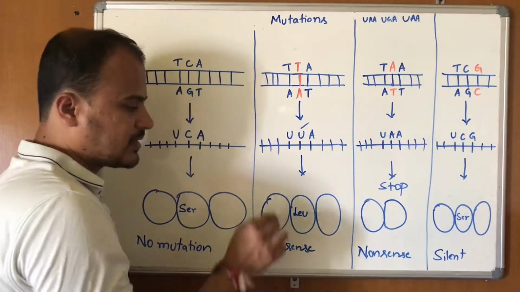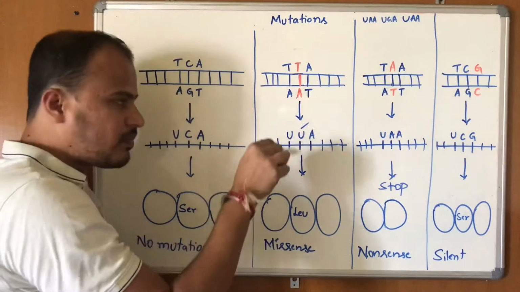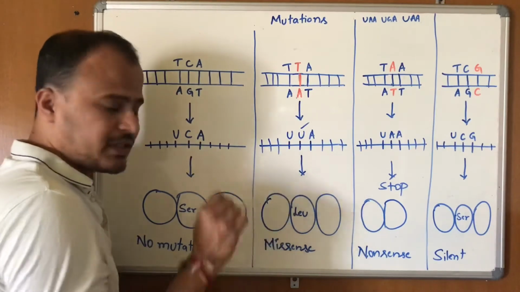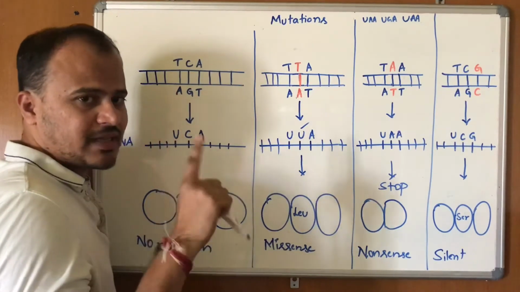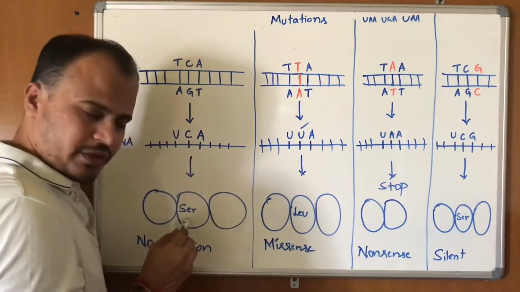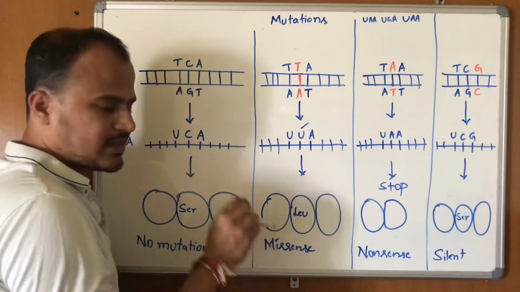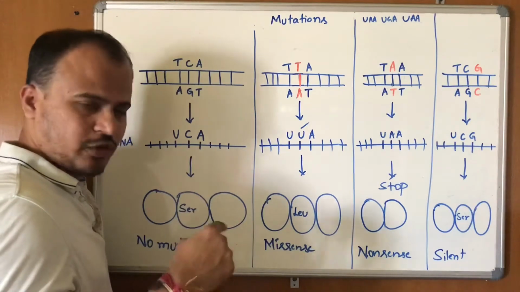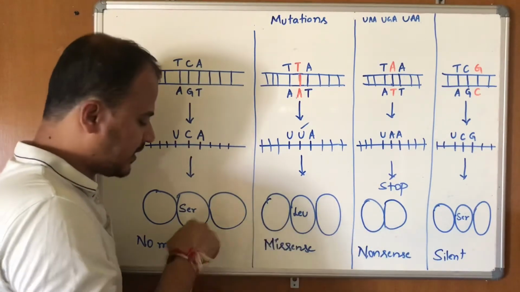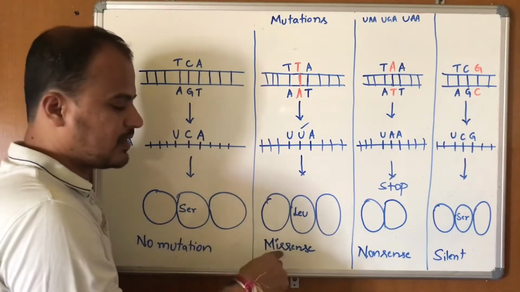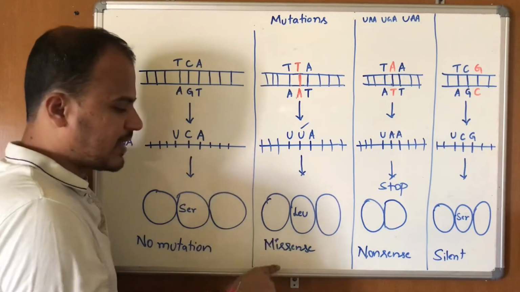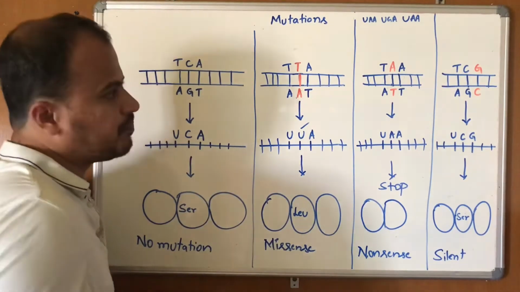Missense mutation means there is a change in the nucleotide sequence which results in a single amino acid change. Before it's supposed to be serine, and now you can see that it is leucine. So if there is incorporation of a new amino acid or the replacement of the existing amino acid by another amino acid, we call this kind of mutation a missense mutation.